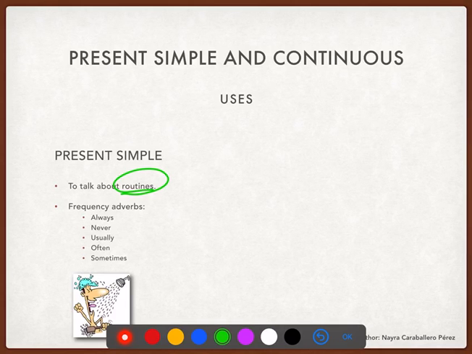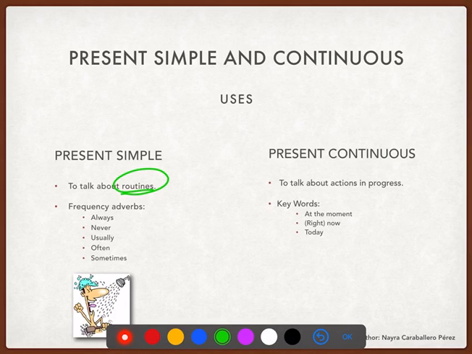For example, okay? And then we have the present continuous tense, which is used to talk about actions in progress, which is very important too. Because if we want to talk about an action that we are doing right now, it is the present continuous tense. It is not a routine.